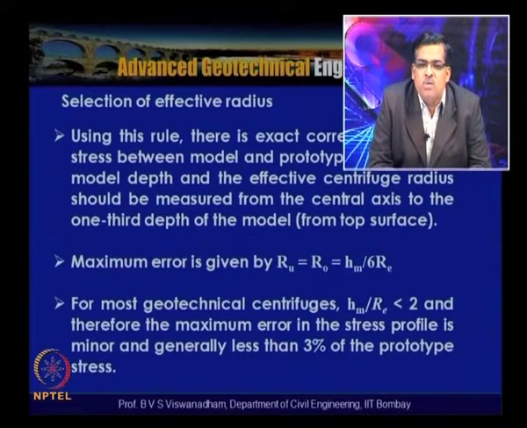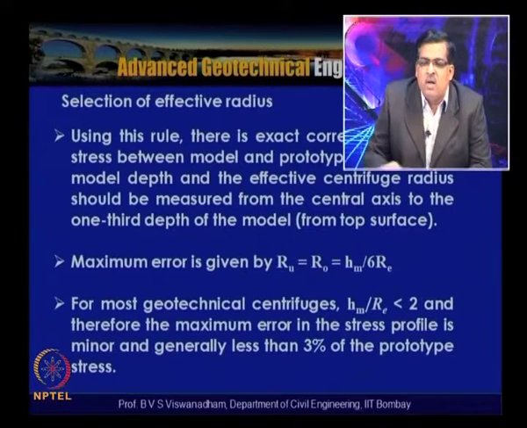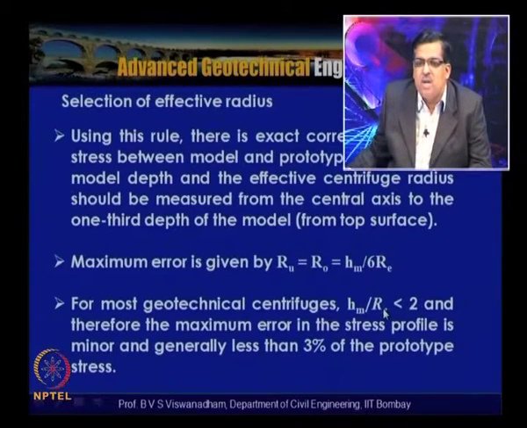For most geotechnical centrifuges, Hm by Re is less than 0.2, and therefore the maximum error in the stress profile is minor. That means if Hm by Re is less than 0.2, the maximum error in the stress profile is minor and generally less than 3% of the prototype stress.